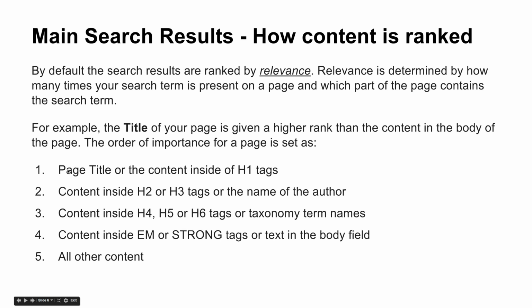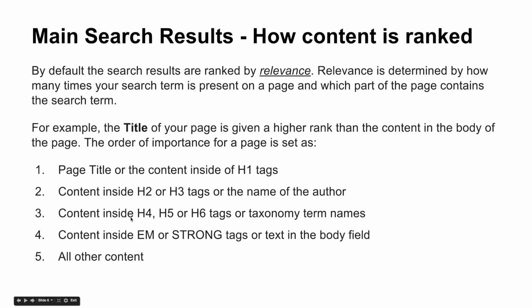So here we are, that's number one, page title or content inside of that H1 tag. So the page title is an H1 tag in OpenScholar. Content inside H2 or H3 tags, or the name of the author, that comes up next, the next weighting.